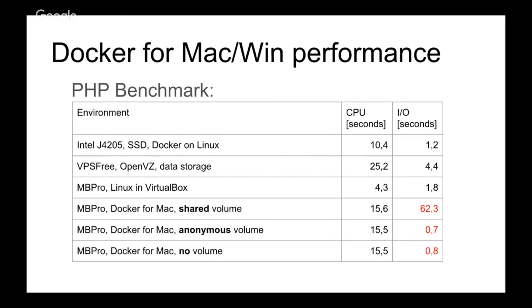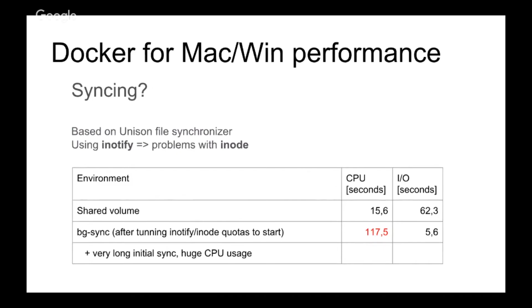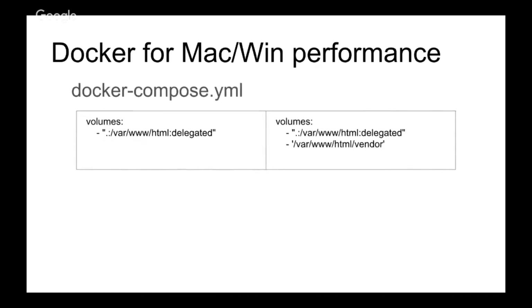So this is just a small tip, but it can help you to increase your efficiency, because we already had problems with reinstalling of the project with any updates and things like that. So if you do not have any better solution, use an anonymous volume for vendor or node modules.